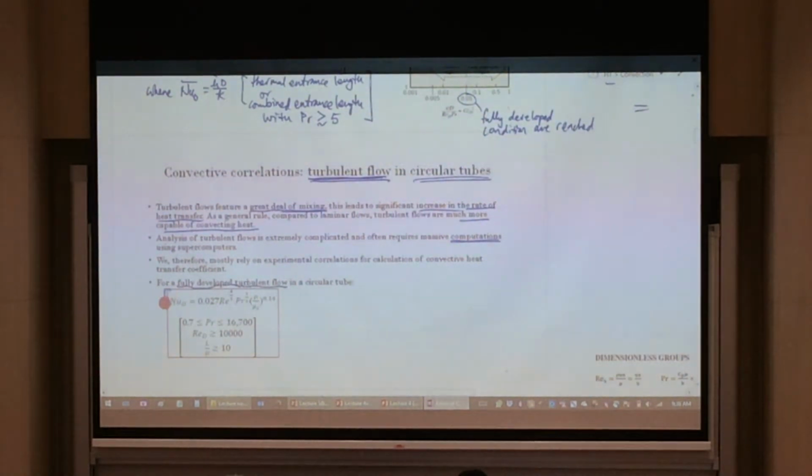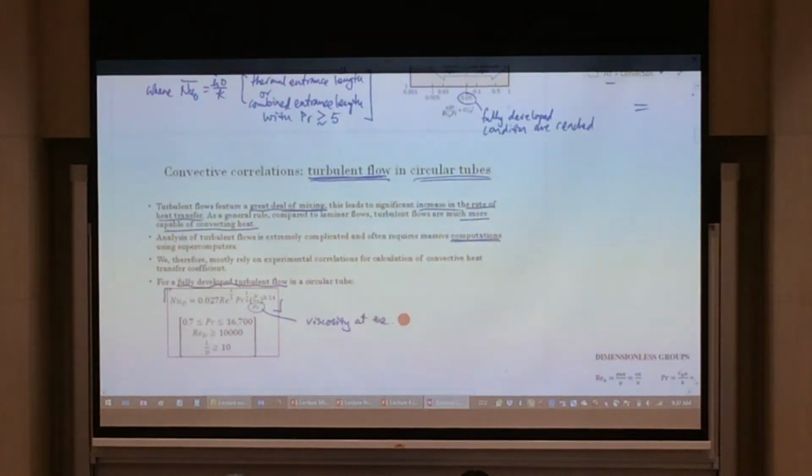Instead, we'll be looking at an approximated equation to govern that fully developed turbulent flow, and this equation requires Reynolds number, Prandtl number, your viscosity, this mu S over here refers to your viscosity at the surface of the pipe.